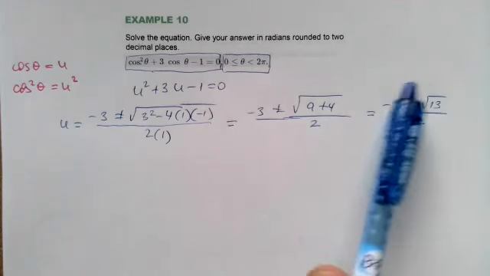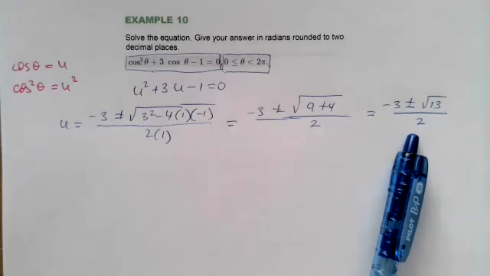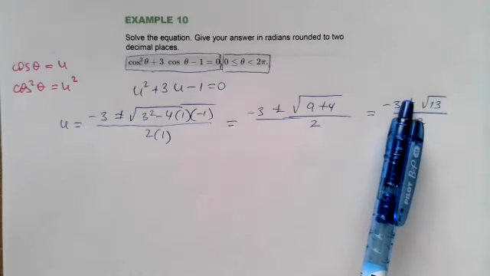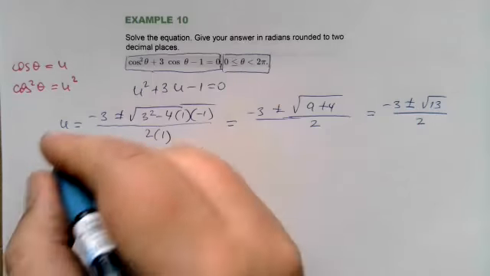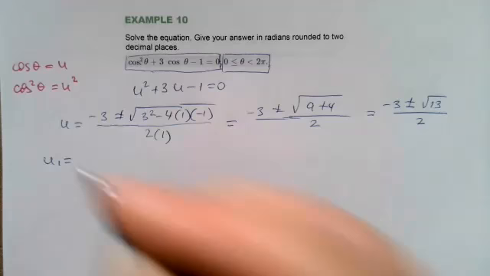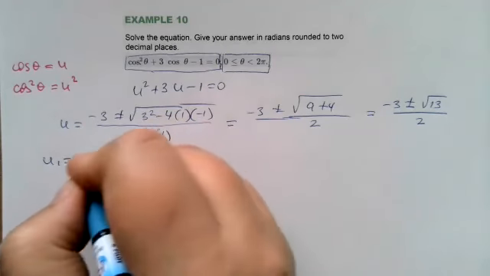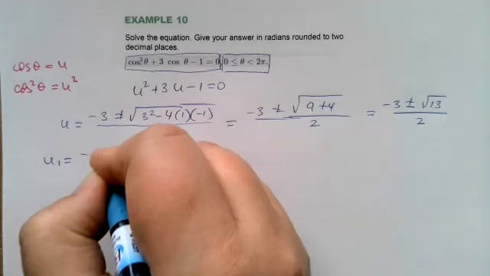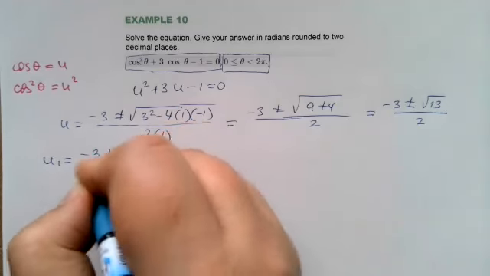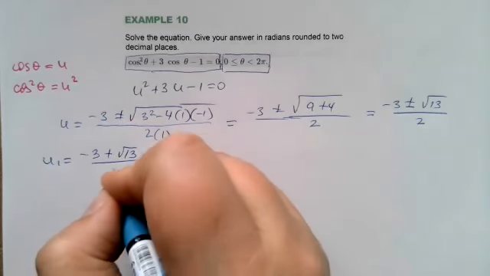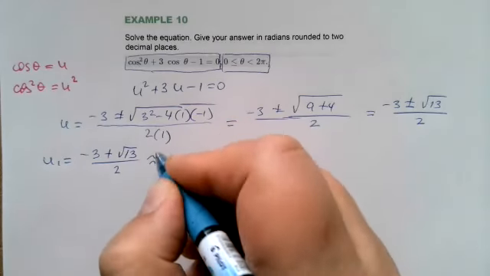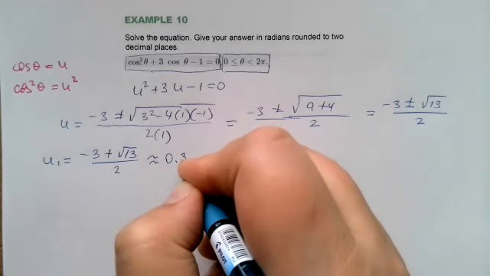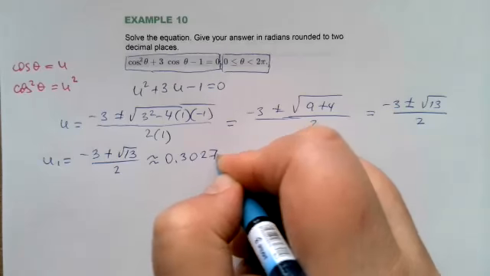So we have two solutions incorporated here. We will get one solution when we use the plus sign, and we get another solution when we use the minus sign. So u1 is -3 plus root of 13 divided by 2. When we put this into a calculator, we get approximately 0.30278.